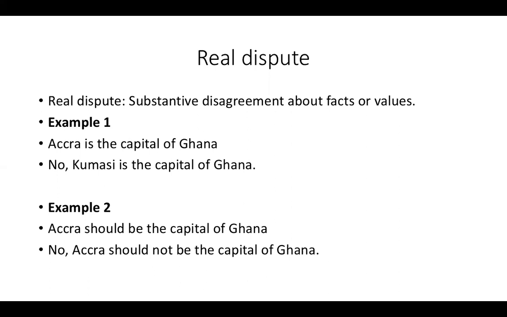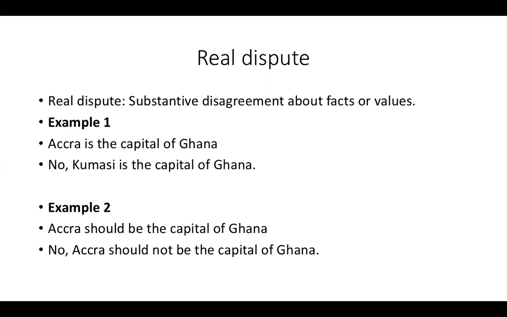Then another person says no, the town beside the sea, the town in the coastal area that has access to the ocean, should be the capital. So that's a value disagreement, a disagreement between people's preferences.